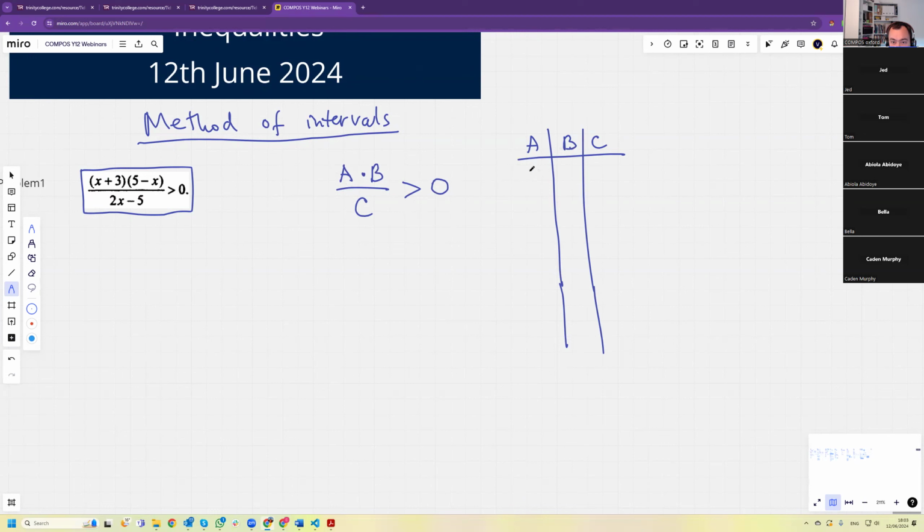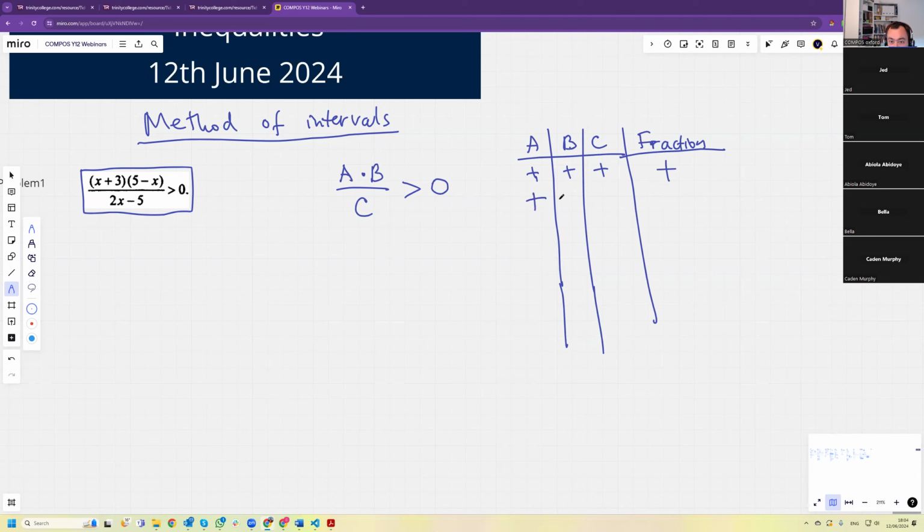If A is positive, B is positive, C is positive, the whole fraction is what? Positive, yeah. If A, B, and C are positive, the whole fraction is positive.